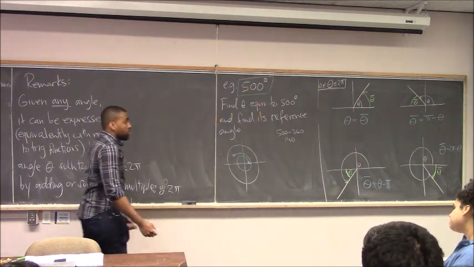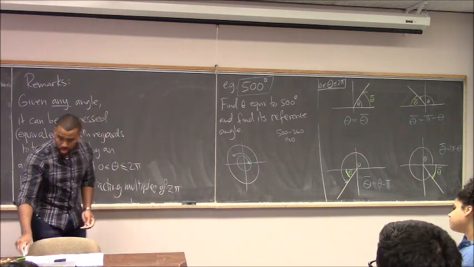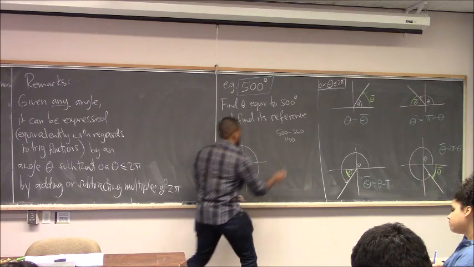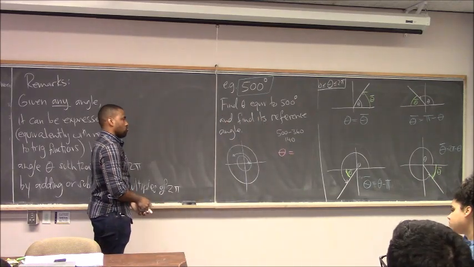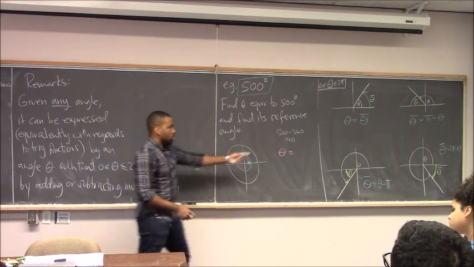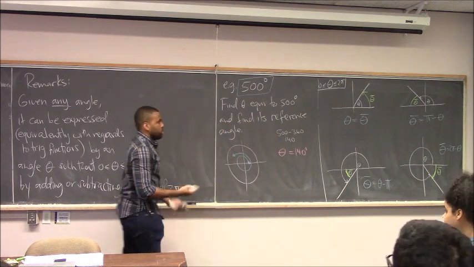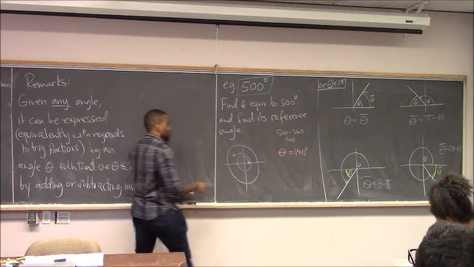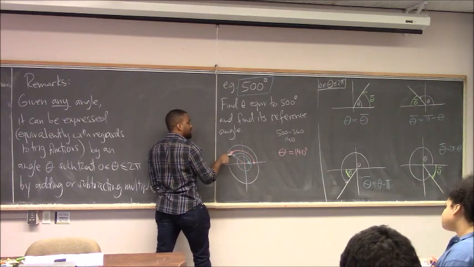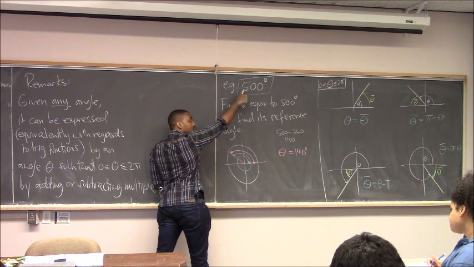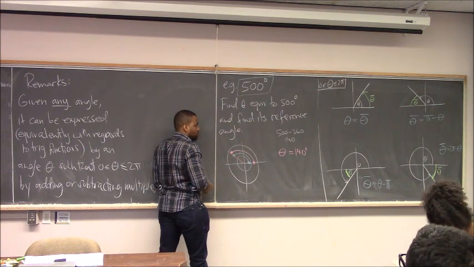In terms of trig functions, I can come up with an equivalent angle called theta, and it will actually be the 140. I subtracted one multiple of 2 pi, which in this case is 360 degrees. Plugging in 500 degrees and plugging in 140 degrees would give me the same value for the trig functions.